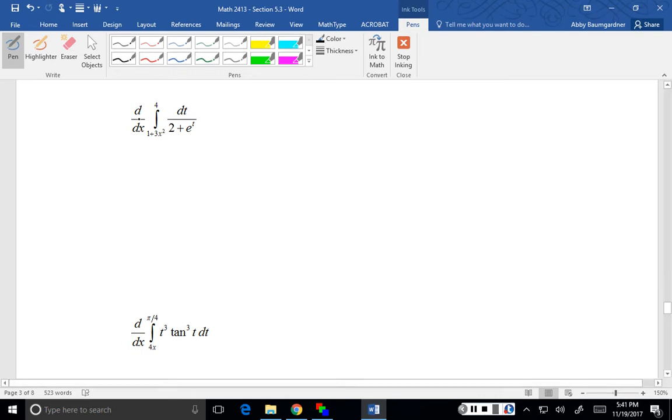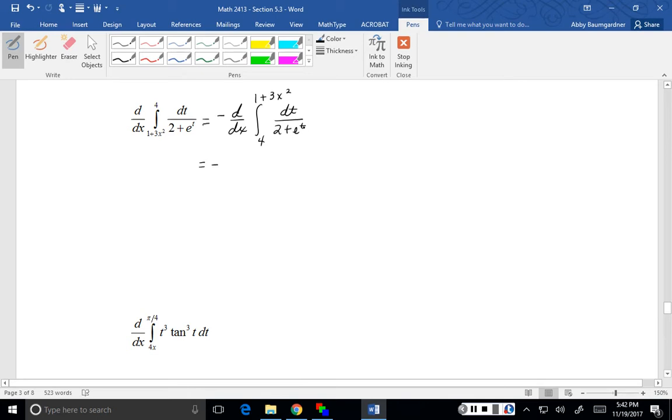All right, we do have a d dx out here, so this is a fundamental theorem part 1 problem, but it's not set up correctly, right? We have to negate it first so that the 4 is on the bottom. And then we should be okay.